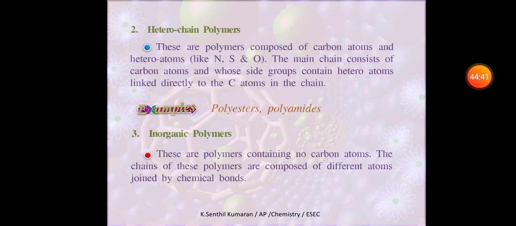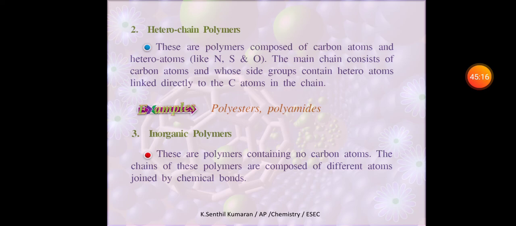If the polymer is composed of carbon atoms and heteroatoms like nitrogen, sulfur, oxygen, with the main chain consisting of carbon atoms and side groups containing heteroatoms like nitrogen, sulfur, oxygen attached directly to the carbon atoms, they are called heterochain polymers. Examples: polyesters and polyamides. Esters contain the COO group and amides contain the NH2 group or CONH2 group.